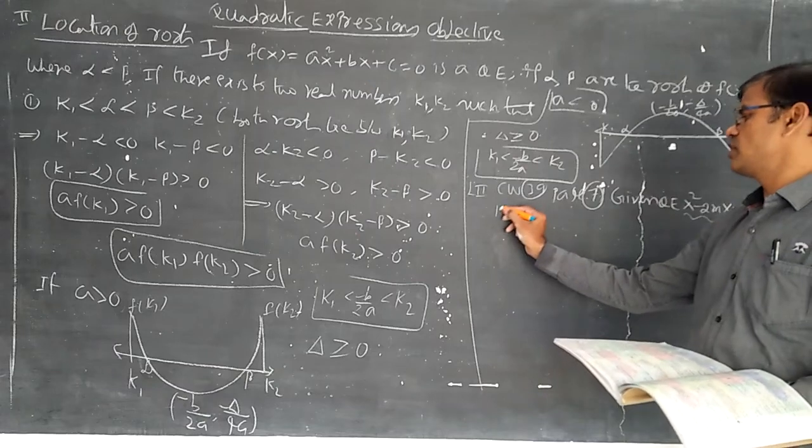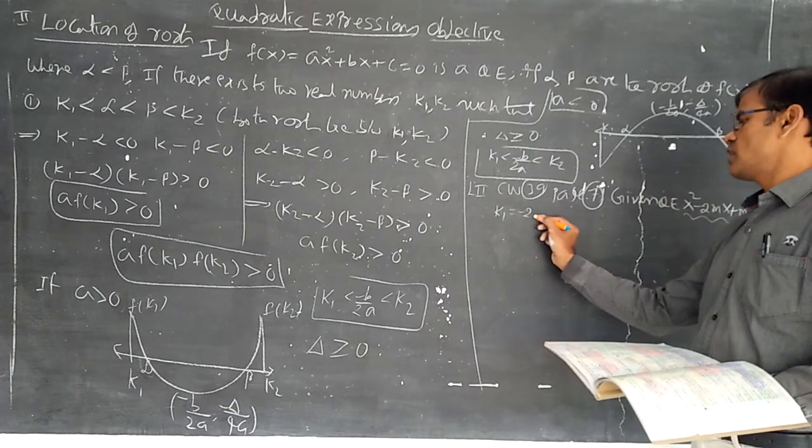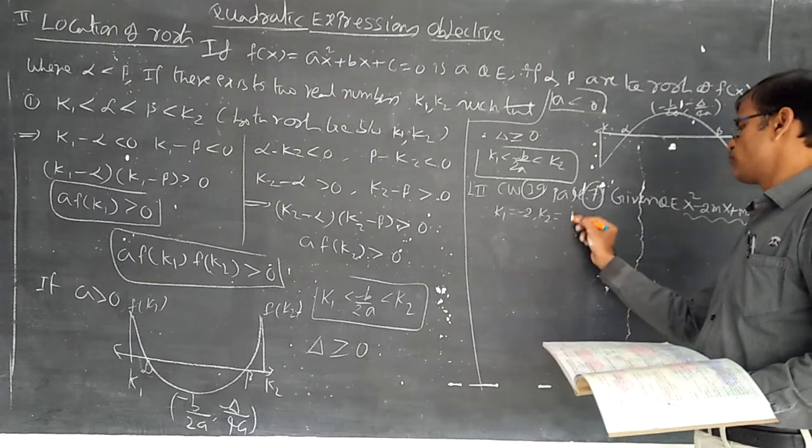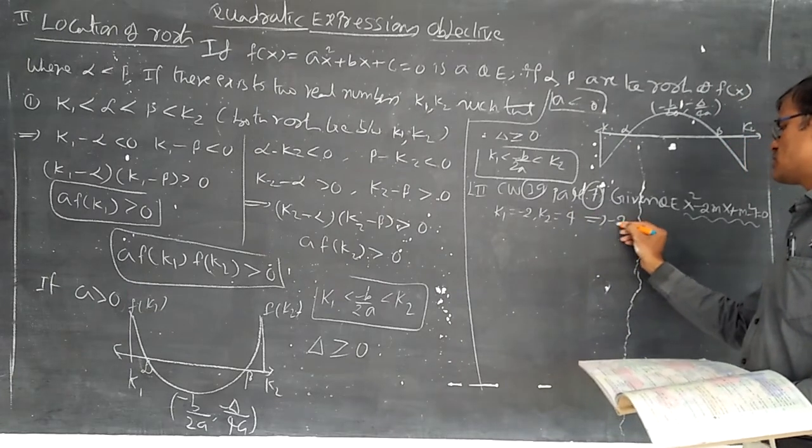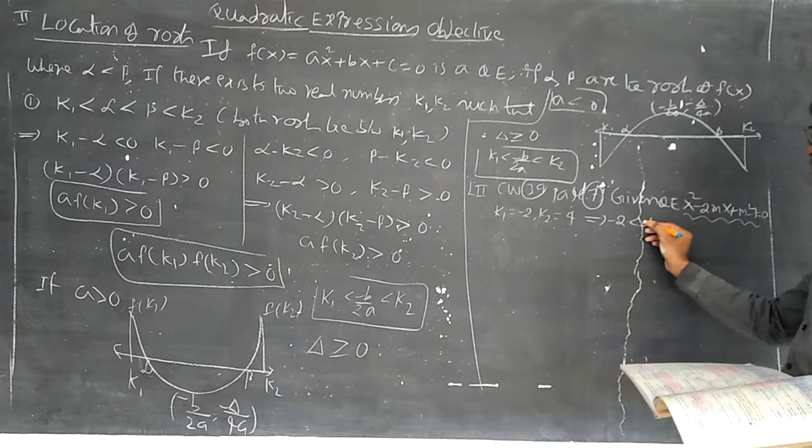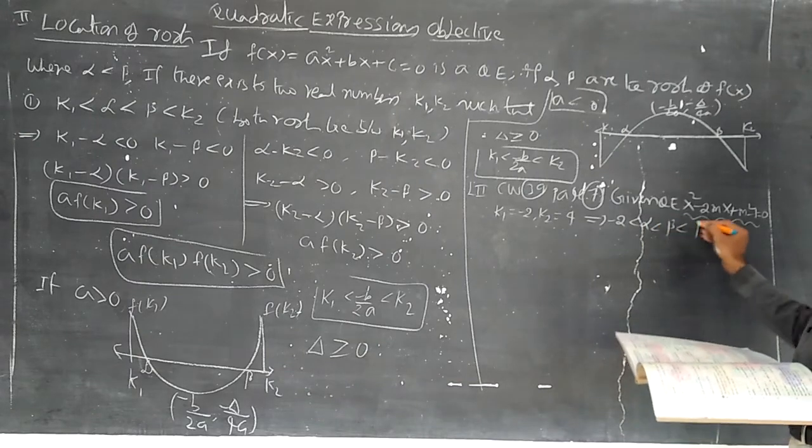Here k1 is minus 2 and k2 is 4. That implies the condition is minus 2 less than alpha less than beta less than 4.